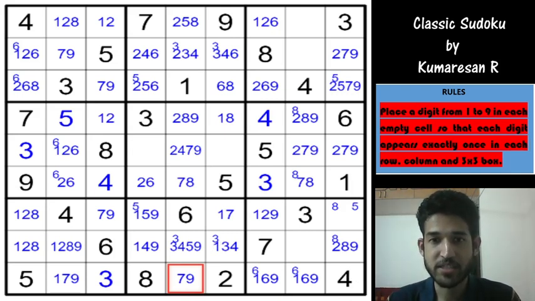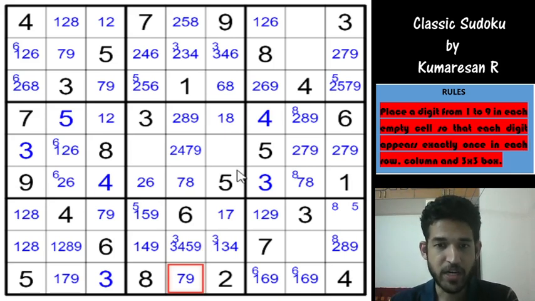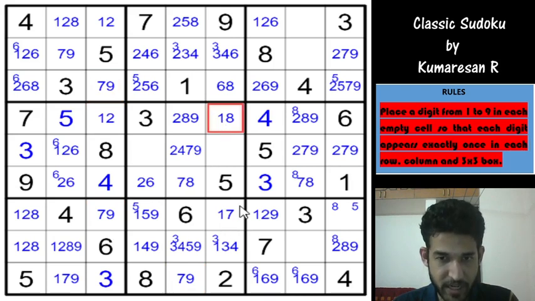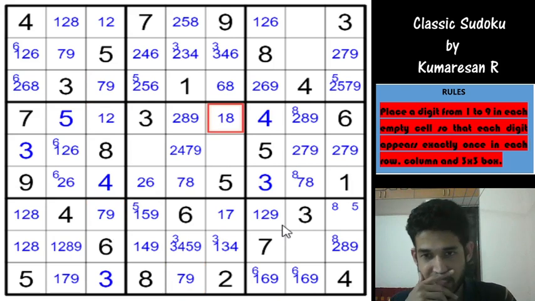Even advanced logics like X-wing or XY wing or even XYZ wing or a swordfish, all these techniques can be spotted if you train your eye to spot these techniques using the bi-value candidates. So let us see if we are getting anywhere using these bi-value cells. Let us see if they are helpful.